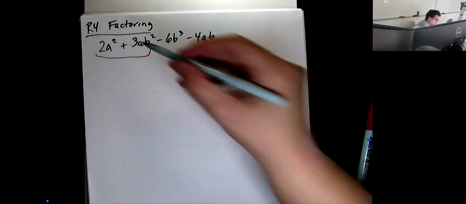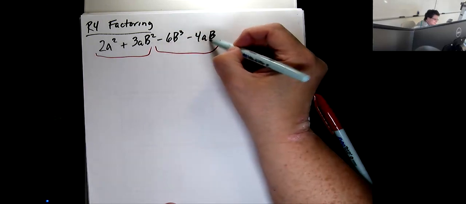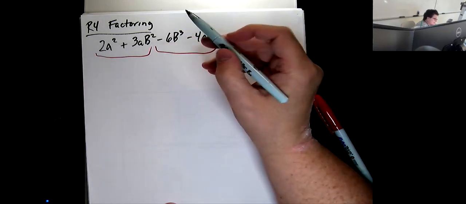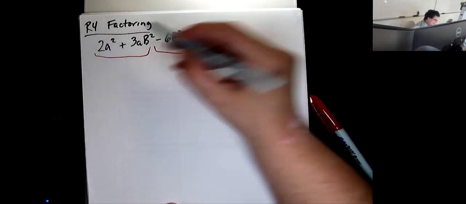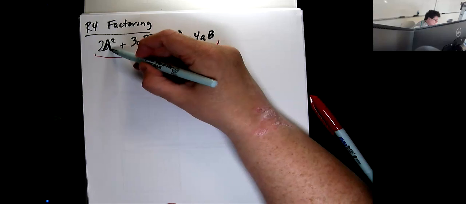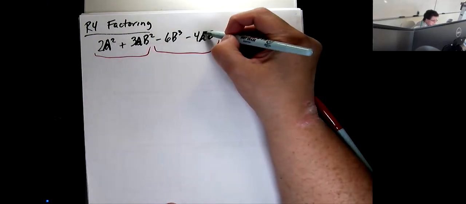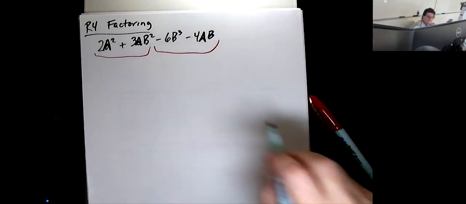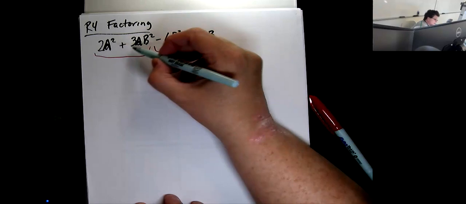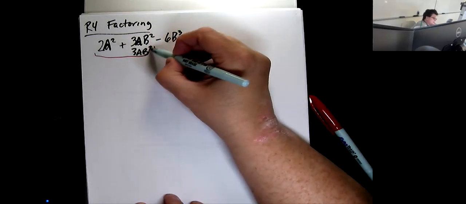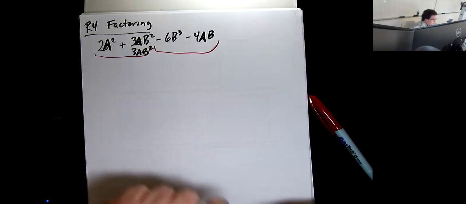Let me write these as capital B's, and these as capital A's. My A's look like nines.